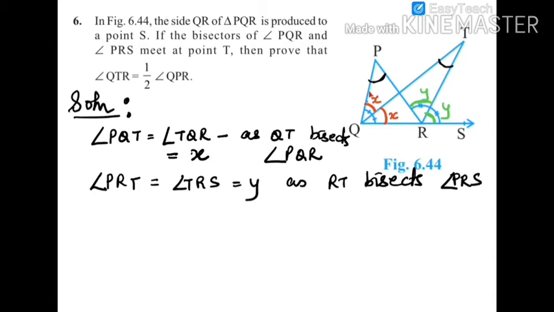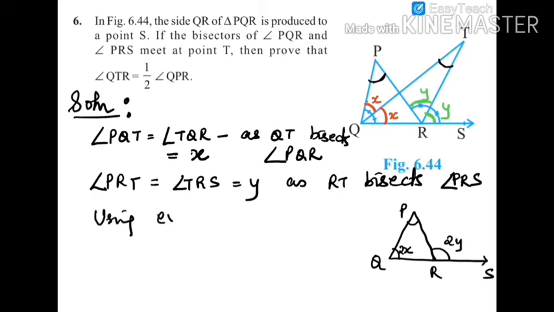Now consider triangle PQR without the angle bisectors. QR is extended to point S. So we have this figure. Angle PQR in this figure is 2x. And angle PRS in this figure is 2y. So we can use the exterior angle property over here.